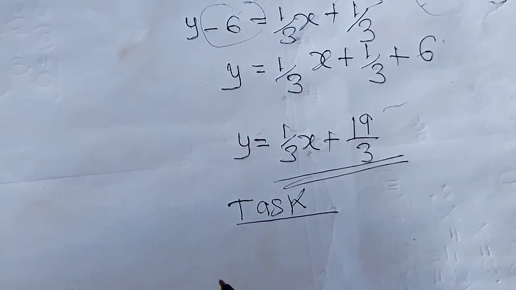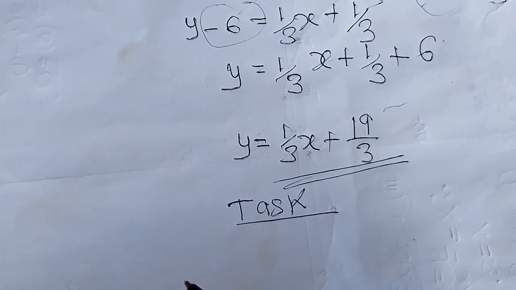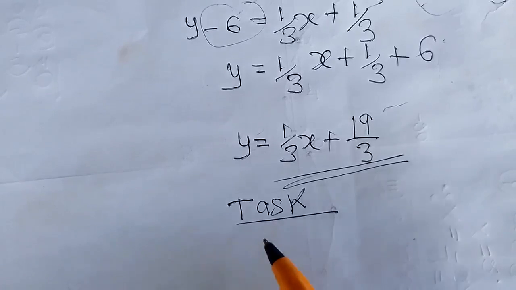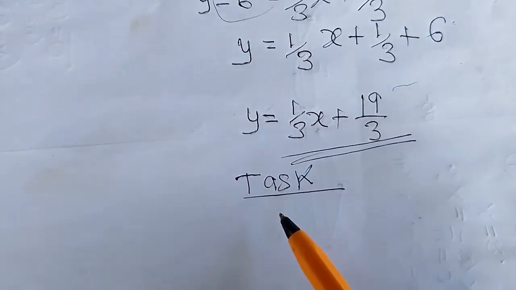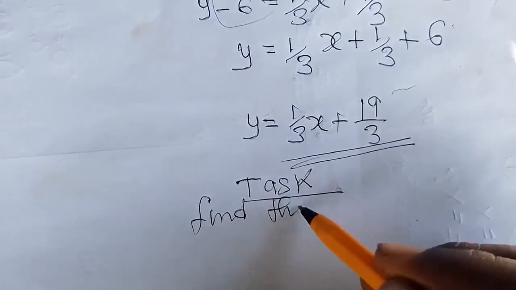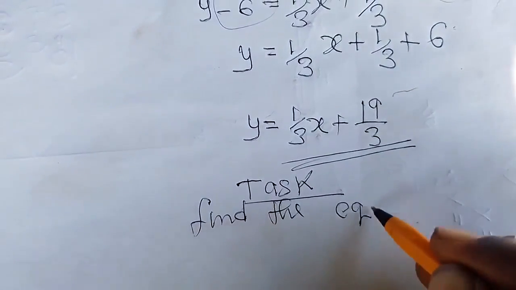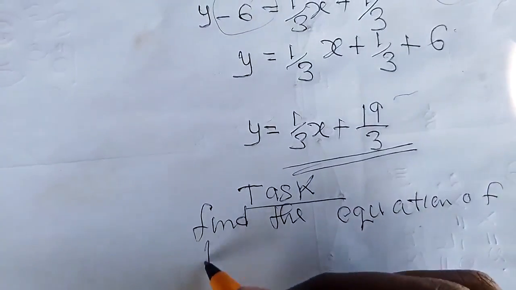I don't want to give you much work that you fail to understand, but I want you to understand what you've covered. Do that work on graph paper, then submit it to me. So find the equation of the normal.